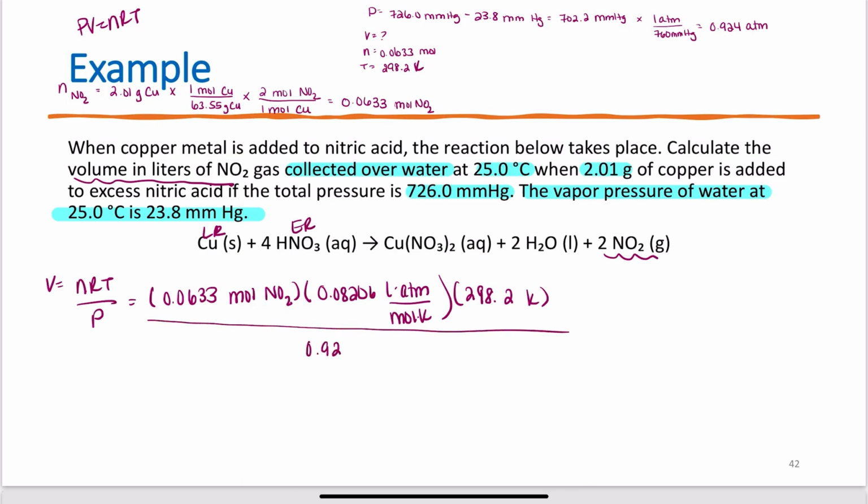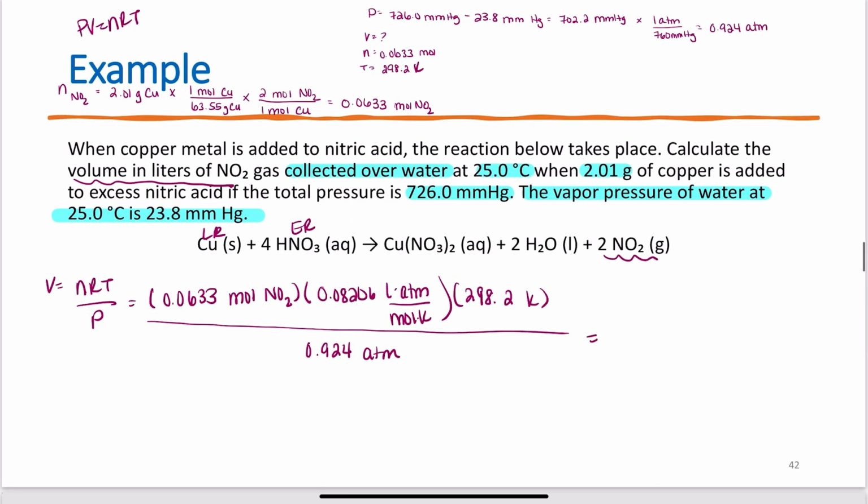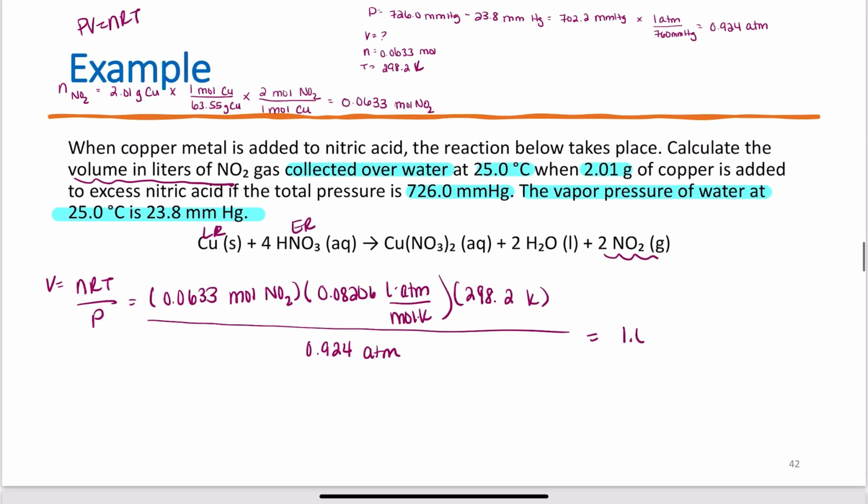Pressure, 0.924 atmospheres. Oops, sorry about that. I just dropped the calculator on the tablet. 0.0633 times 0.08206 times 298.2 divided by 0.924. 1.676, so 1.68 liters of NO2 produced. So under these conditions, I would produce 1.68 liters of NO2.